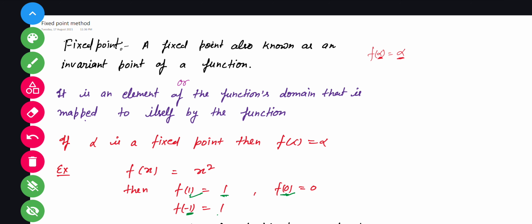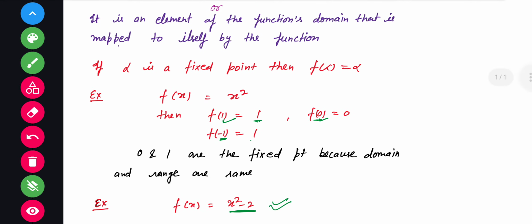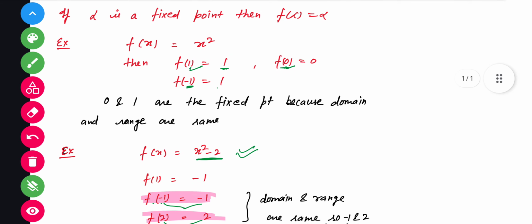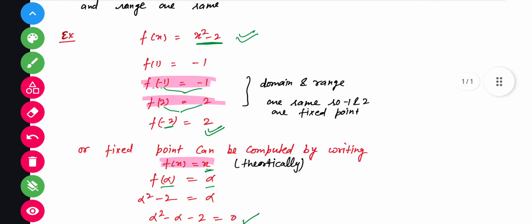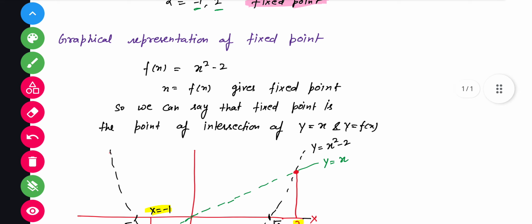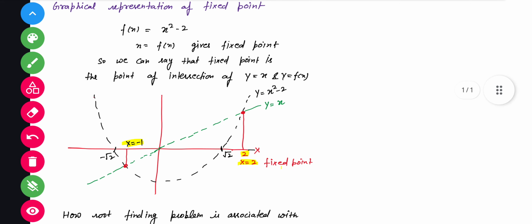Okay, so let's move on. We denote it as f of alpha equal to alpha, and whichever point has the functional value same as the point itself is basically the fixed point.